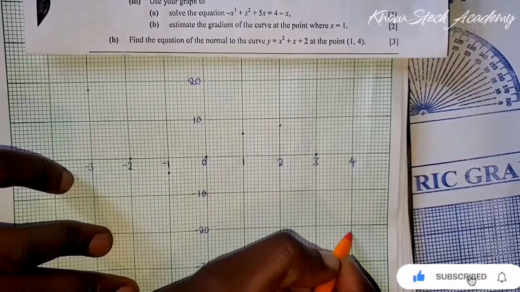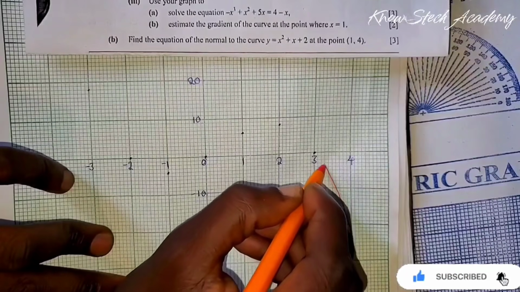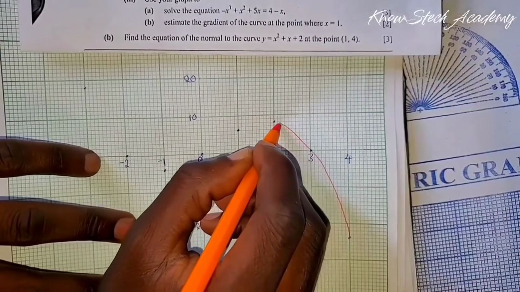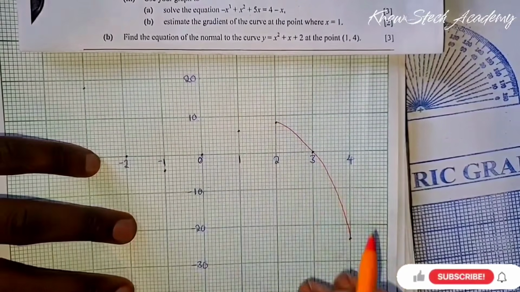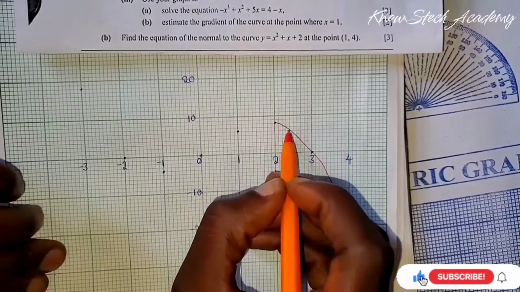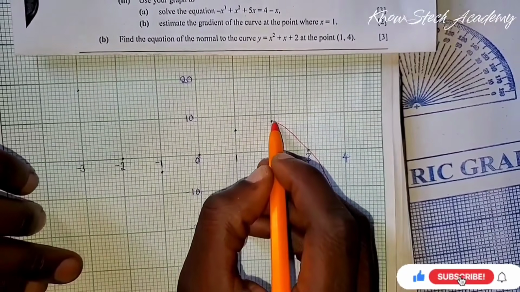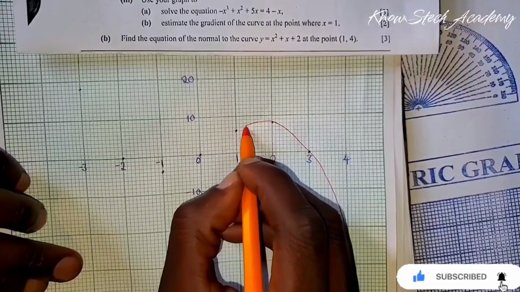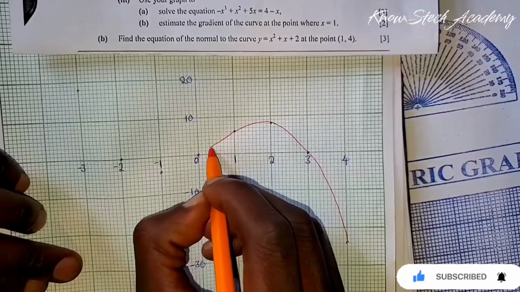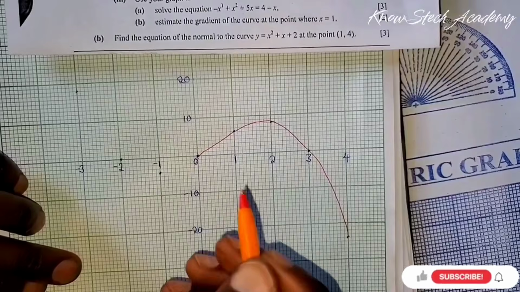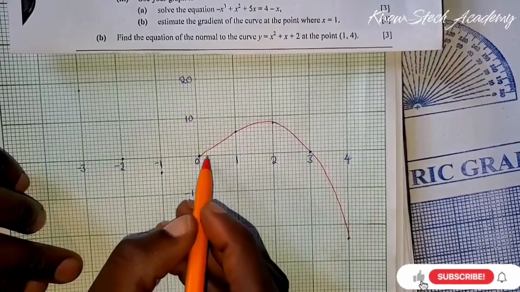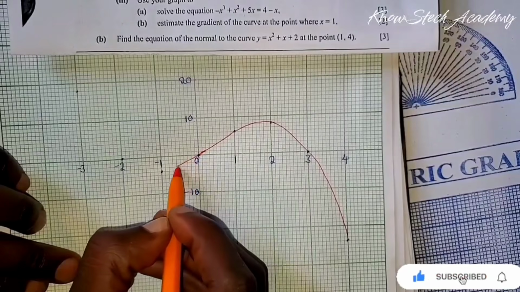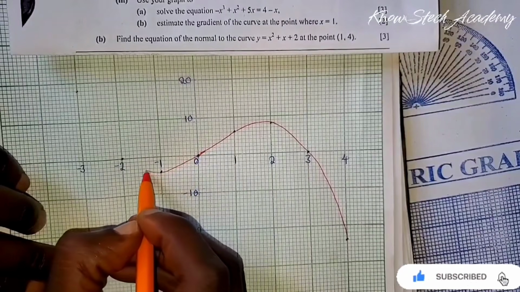Okay, so our graph is moving like this, from that point to that point, something like this. This is passing at 0 here, this point.